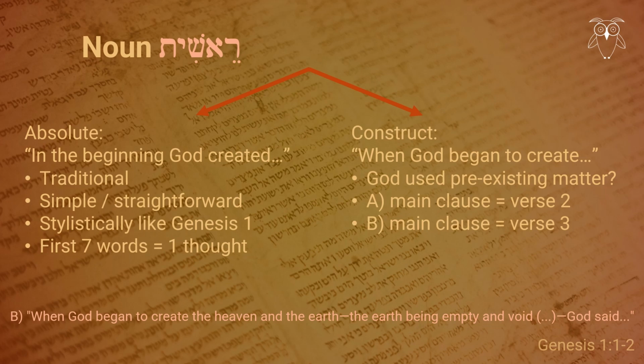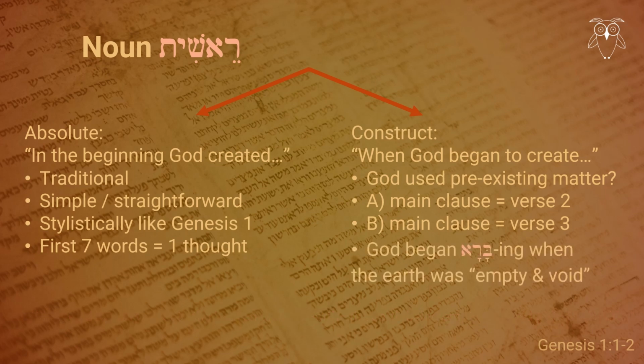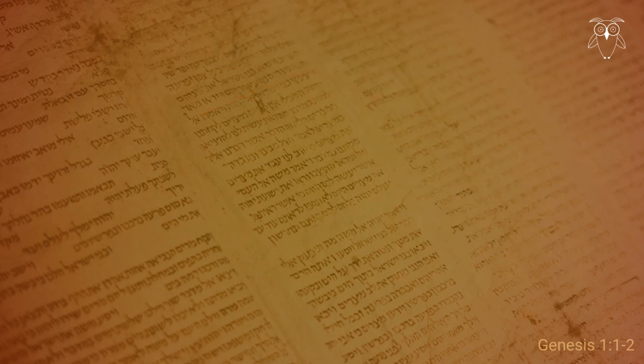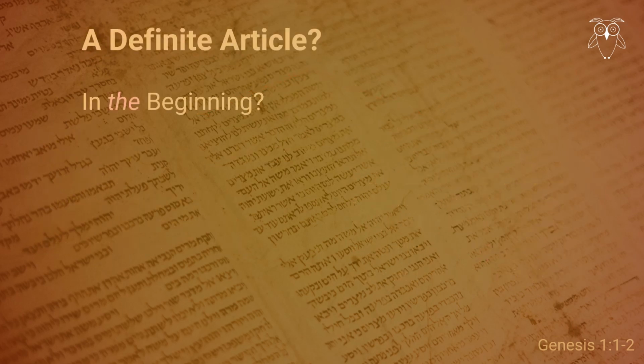In this interpretation, the first 2 verses clearly state that God's creating, or baraing, started when the world was still empty and void, or tohu and bohu. More on that later.